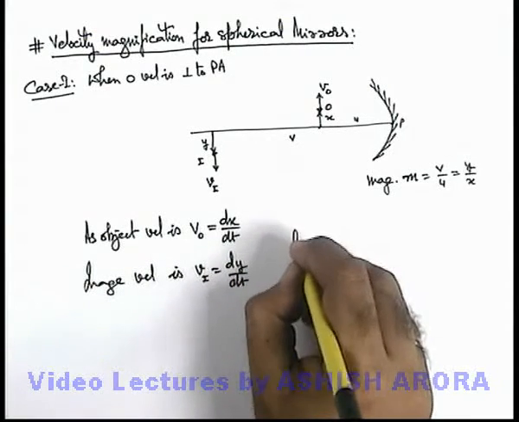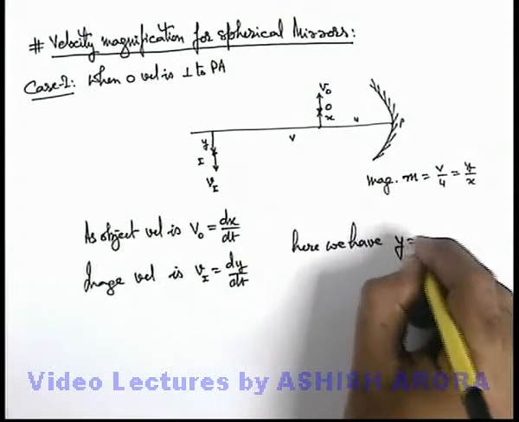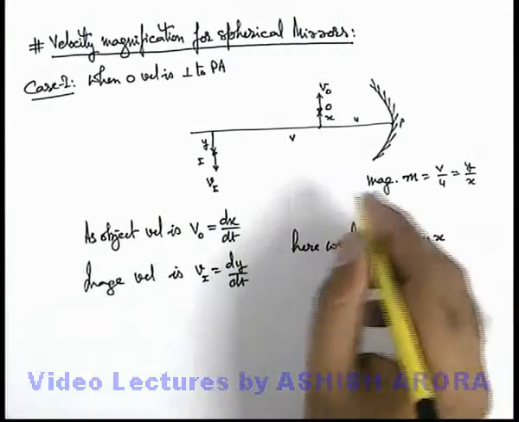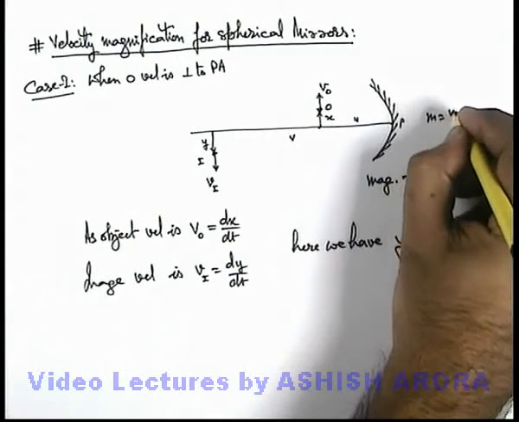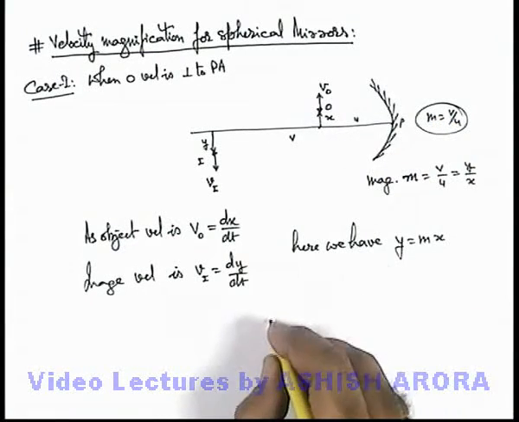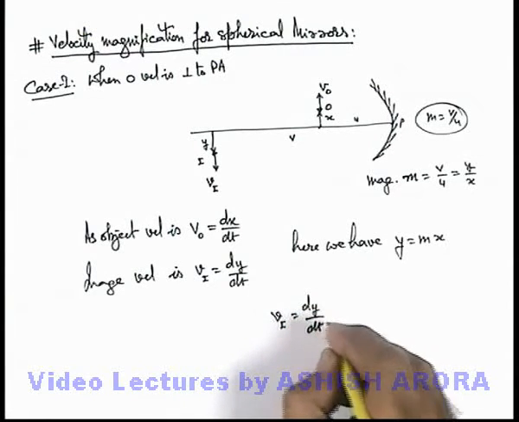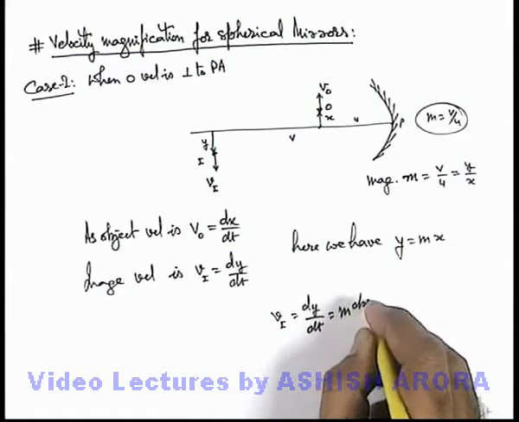And here we have y equals mx. If m is the magnification, the value of m is v by u, which we already have. So in this situation the velocity of image we can write as dy by dt, which is m times dx by dt.